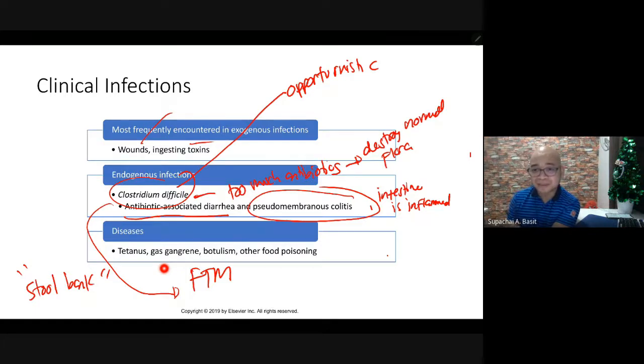And the only way for us to have the normal flora back is by transplanting them with normal stool coming from healthy individuals, so that the normal microbiota will get back. And we also have tetanus, gas gangrene, botulism, and other forms of food poisoning. These are actually exogenous infections.